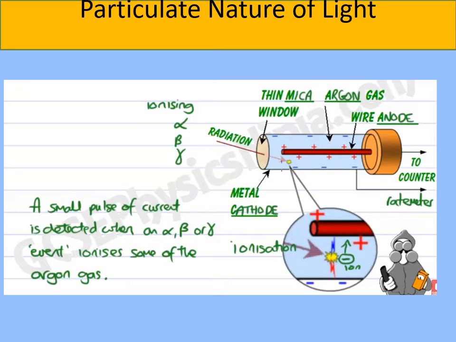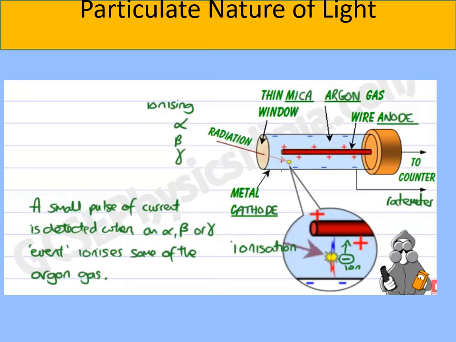So we can conclude that gamma rays behave like particles when they interact with the Geiger counter. The effect is most obvious with gamma rays, as they are at the most energetic end of the electromagnetic spectrum. It is harder to show the same effect for light.